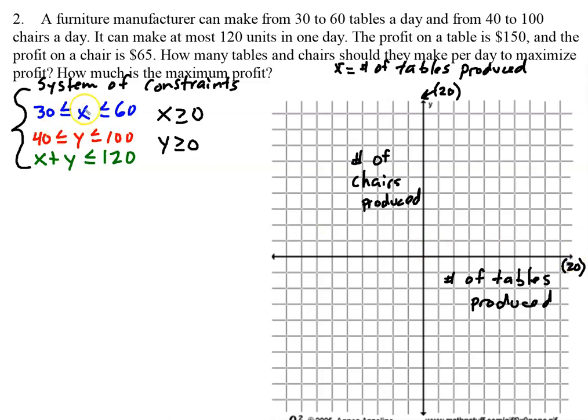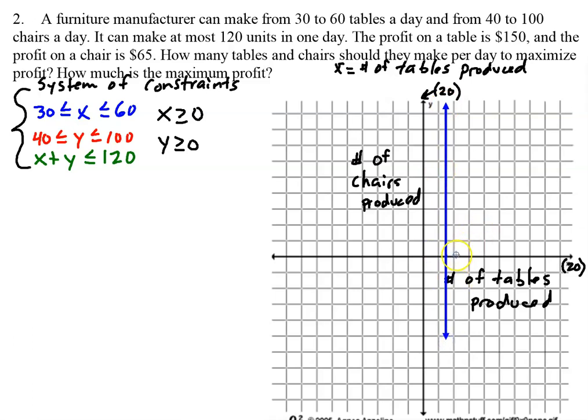If I've got the number of tables that I can produce is between 30 and 60 a day, so this would be 30, about halfway between. And then this would be 60. And so I need, let me get my line draw tool. All right, so a vertical line going through 30.